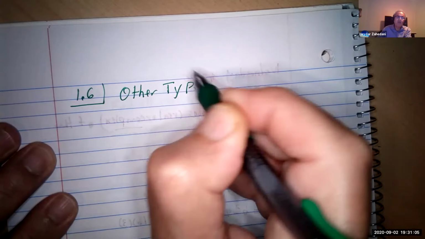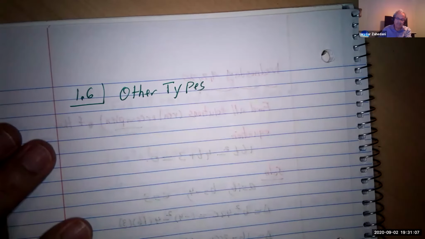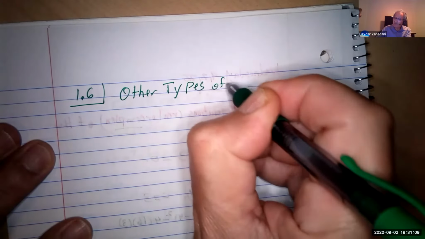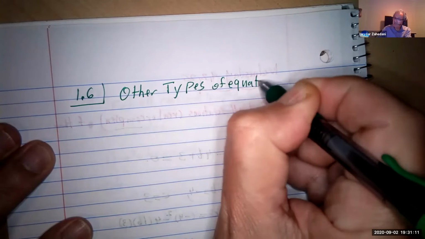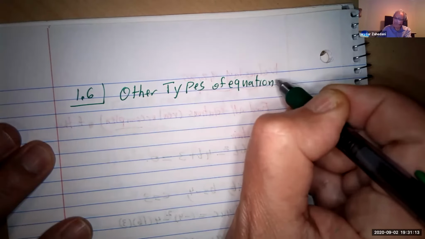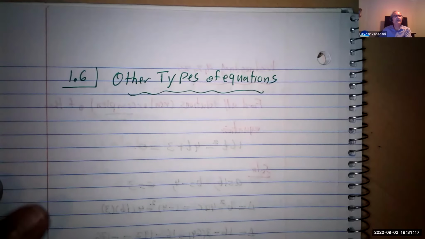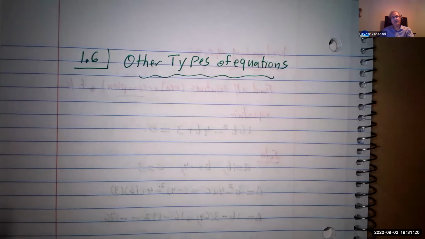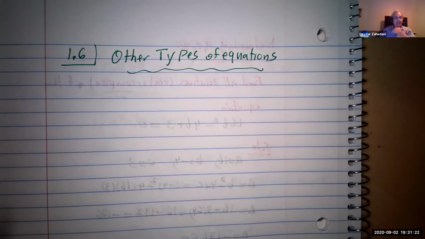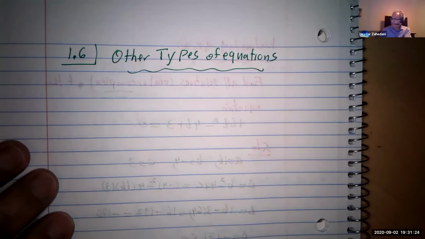Others means other than quadratic. There are equations containing radicals, which you know from the past. We are not interested in those. But the one that we are going to be very much interested in for the future is the polynomial equation.